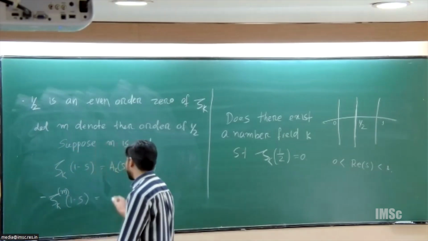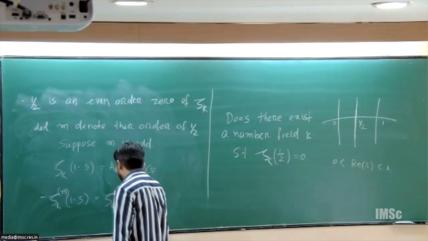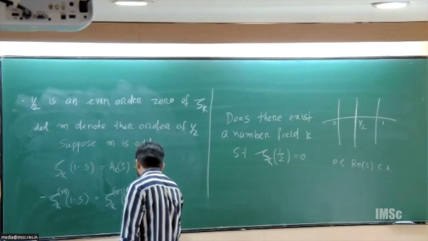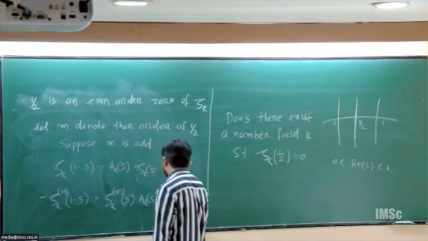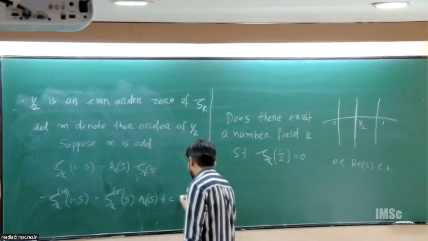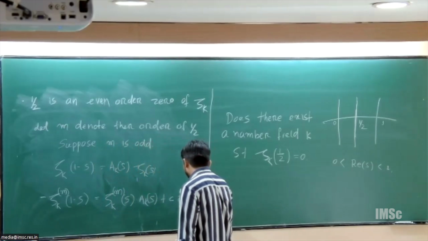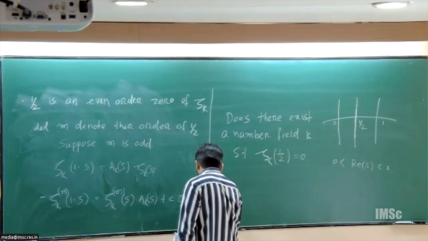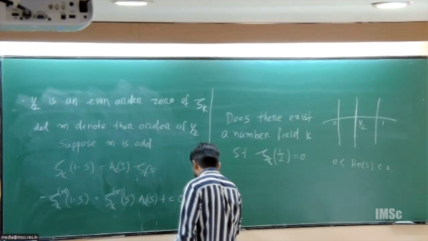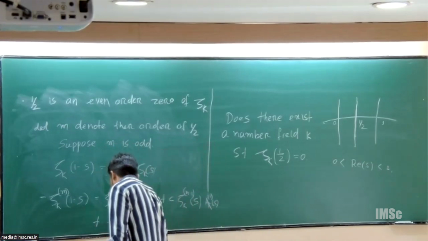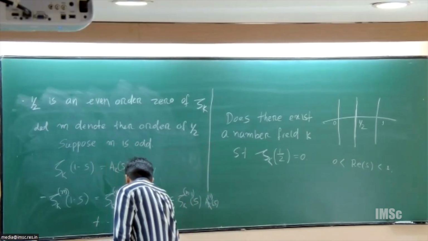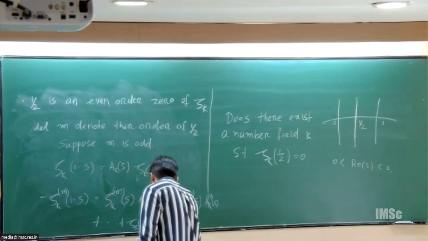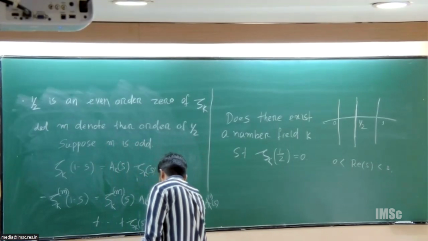This is equal to the mth order derivative of zeta_K of s times A_K of s, plus some constant times the (m minus 1)th order derivative of zeta_K of s times the first order derivative of A_K of s, plus and so on, plus zeta_K of s times the mth order derivative of A_K of s.